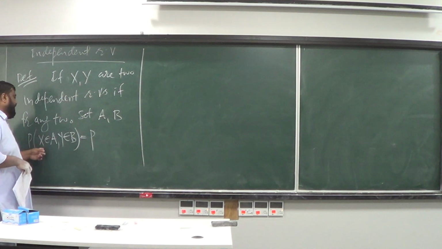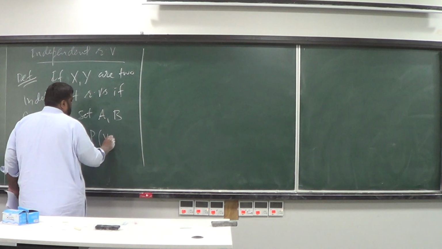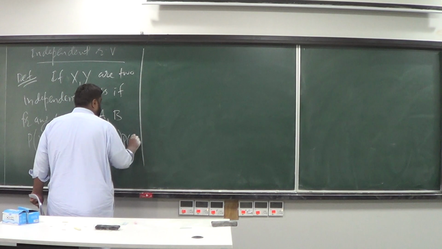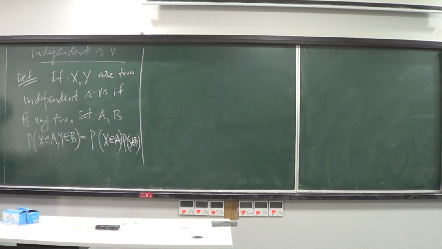In other words, the probability that x is in A and y is in B should be equal to the probability that x belongs to A times the probability that y belongs to B actually. Okay?